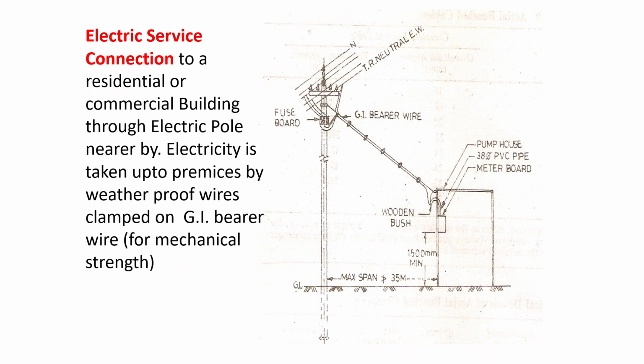Friends, in case of medium voltage or low voltage supply to a residential unit, this is the residential unit. We take electric service connection from the electricity board through an overhead structure, and it comes inside the residential unit where it is controlling the electric supply to the residential unit.